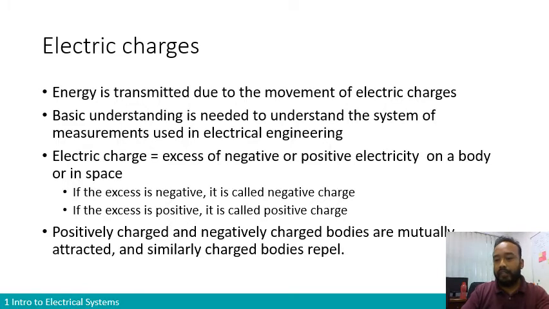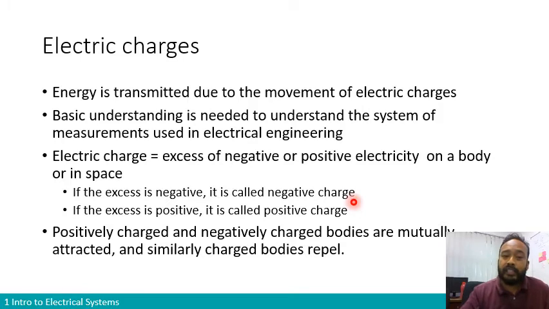So after having discussed the generalities of the components of an electrical system, now let's talk about the origin or the fundamental elements that make all this possible, right? Basically, what happens in your wires or conductors when you supply energy from your power source to the load is that there are electrical charges circulating in your conductors.